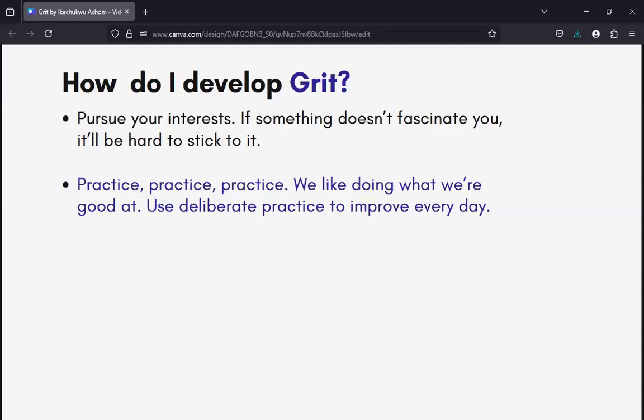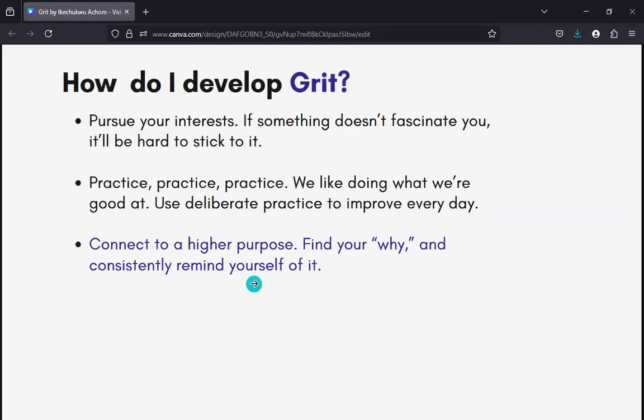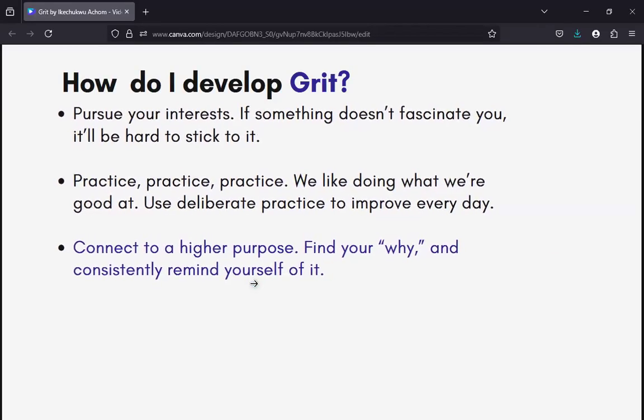Let's say you want to learn the Python programming language, learn one thing a day, you have learned 30 things in 30 days, 60 things in 60 days, 90 things in 90 days. Practice, practice, practice.